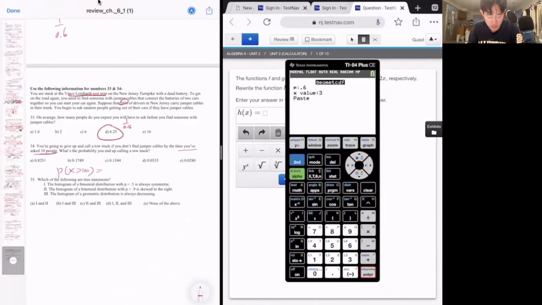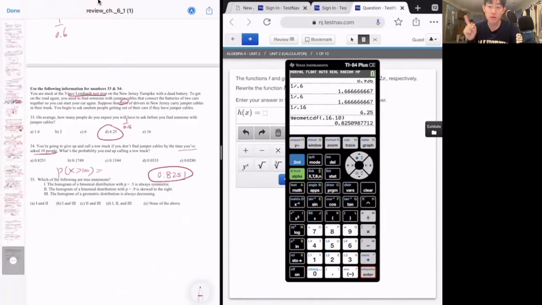I'm sorry, I keep saying PDF for some reason. The probability of success here is 0.16, and the X value here is 10. When I calculate that, I get 0.8251. But remember, that is all the probability from 1 to 10, so you have to do 1 minus that value. So it should be about 17%, which should be B for this one.